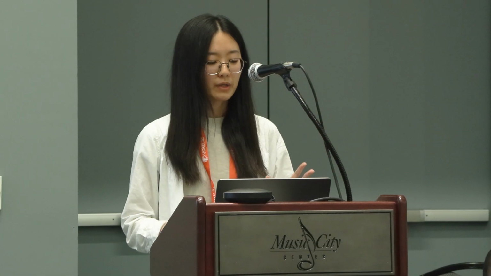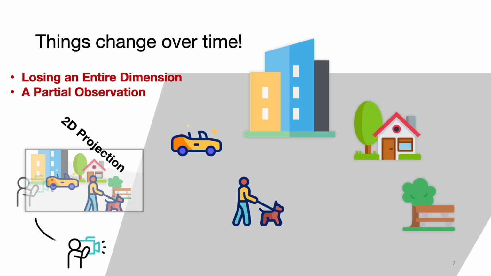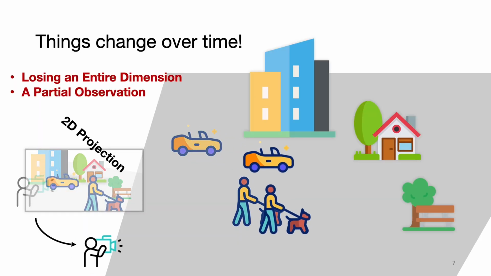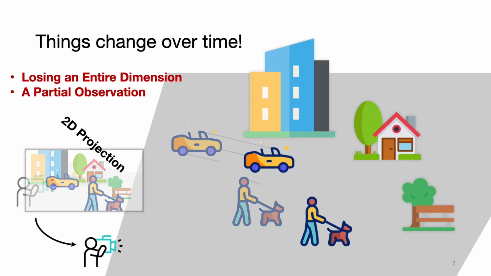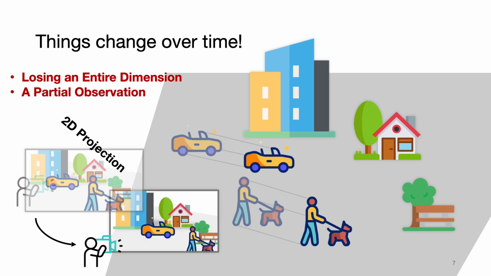Now, we might want to just see more by moving, but the thing is that the world is also changing at the same time. That will give us a different 2D projection for the current time step, but both the world and our perspective might have changed. So moving objects are really a big headache, because we can't get a multi-view observation of the same underlying geometry for a specific moment.